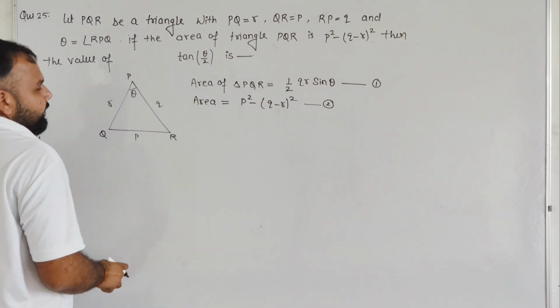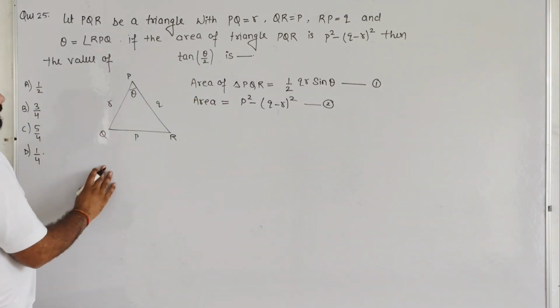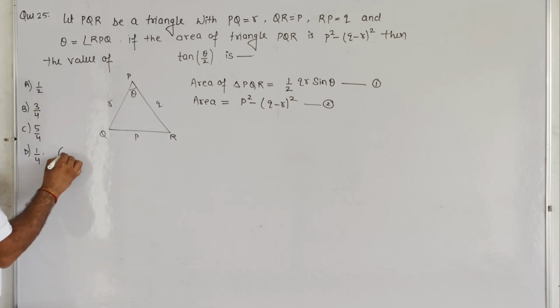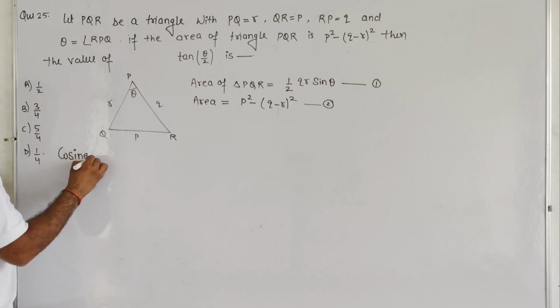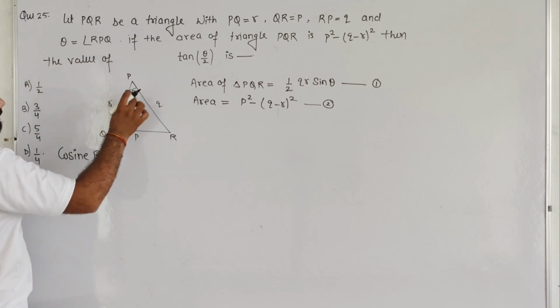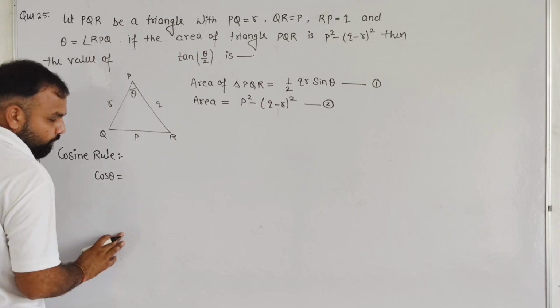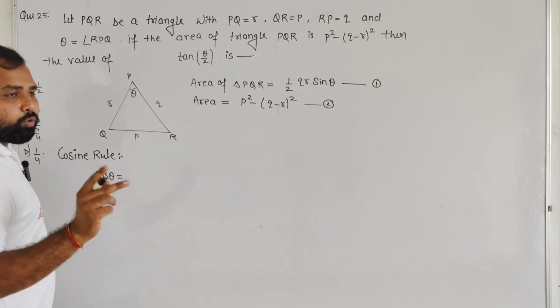Okay, student, I think you know very well what the cosine rule is in a triangle. If you need to calculate cos theta, you can easily calculate its value by using the cosine rule.